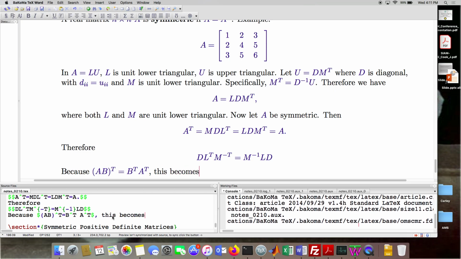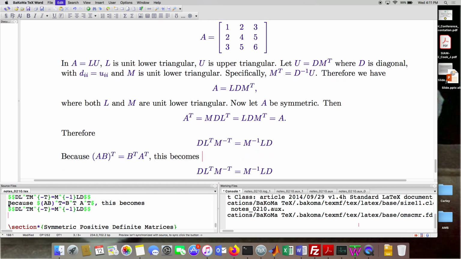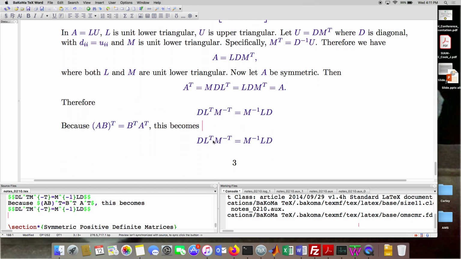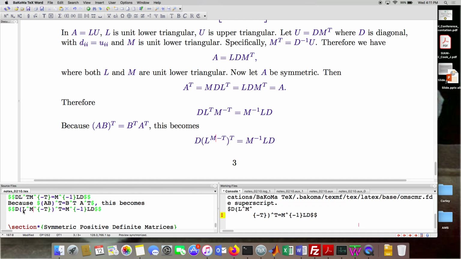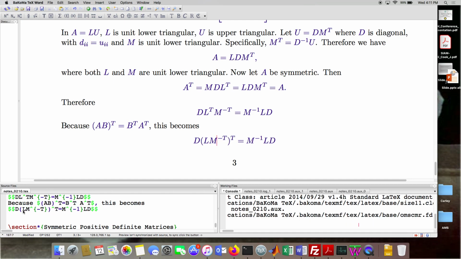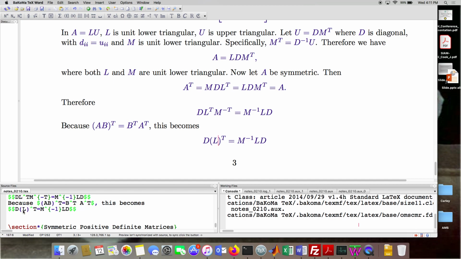Transpose. Then we have the following, where I can rewrite this product as... I'm going to basically pull the transpose out, and therefore this would just become L. And then M inverse transpose would just become M inverse, but I have to change the order.